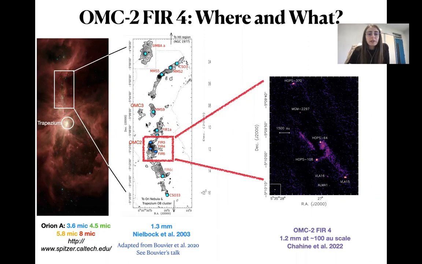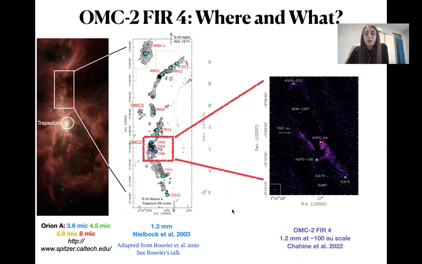When you observe it in millimetric, we can see that it harbors several star forming cores. And there is this region here, which is FIR4. If we observe it at high resolution, around 100 AU, you can see that it's actually a protocluster that harbors several protostars within it.